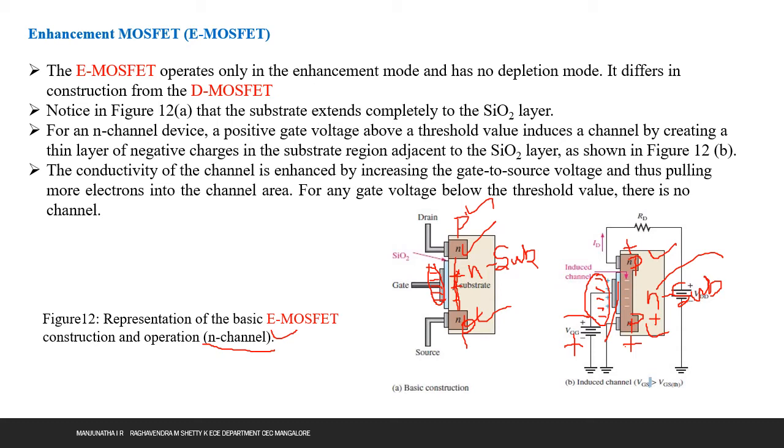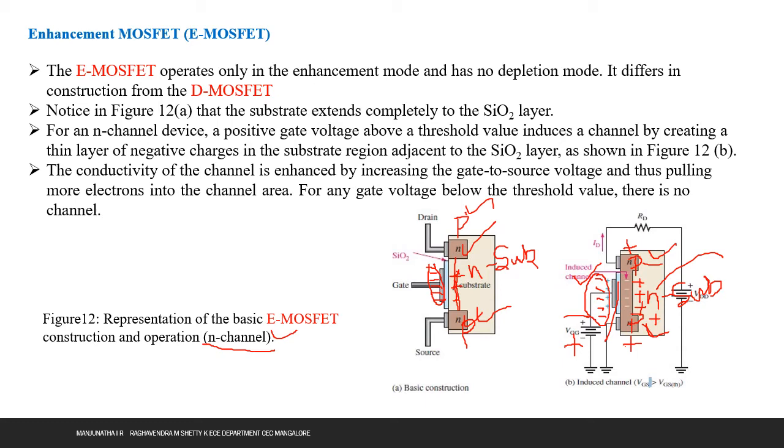Because of accumulation of these negative charges, they are trying to pull the positive charges from this P type and this P type, and because of minority charge carriers at the N substrate, it creates or enhances the channel having holes.